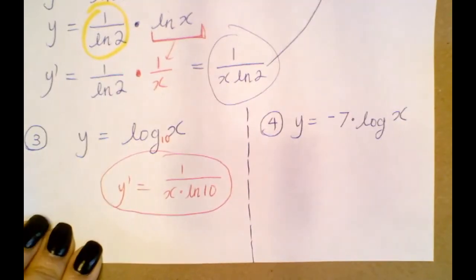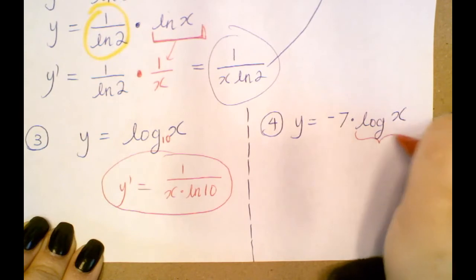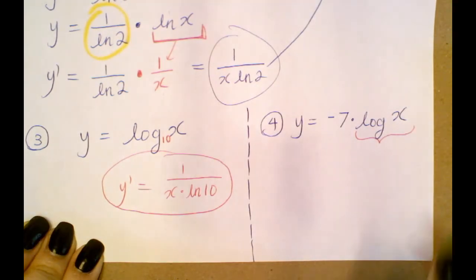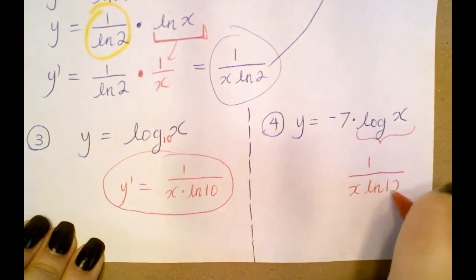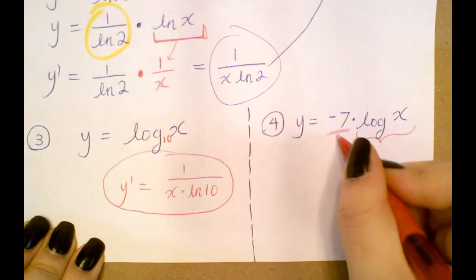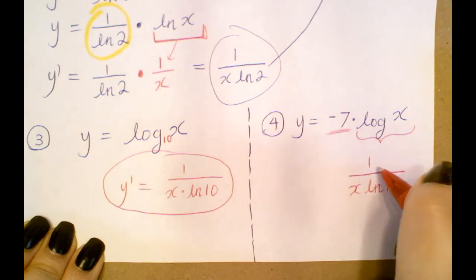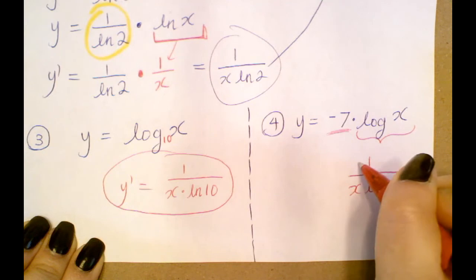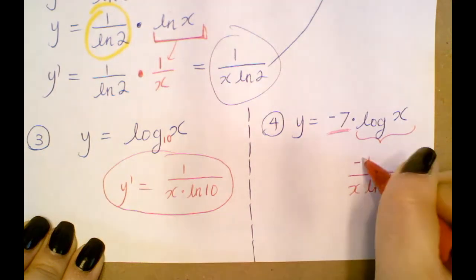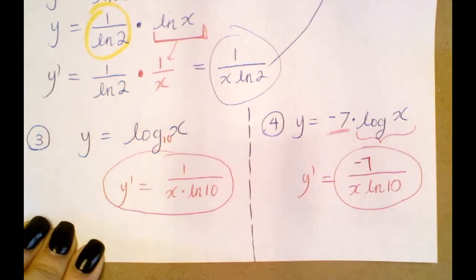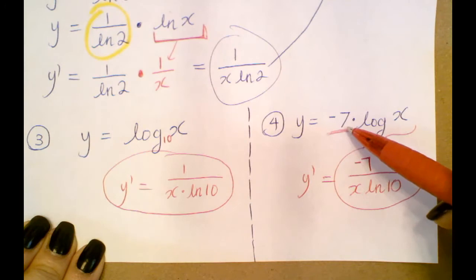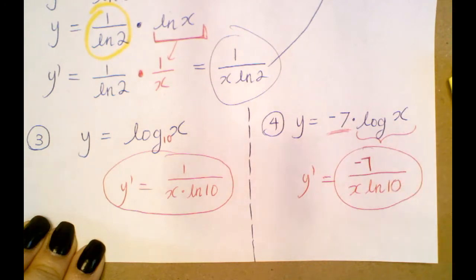Well, we just found the derivative of log x. That's 1 over x natural log of 10. And the negative 7 is a constant, so we just bring it down, and I can put it on top of this fraction. So the derivative is equal to negative 7 over x ln 10. So if it's just a constant in front, that's what we can do.